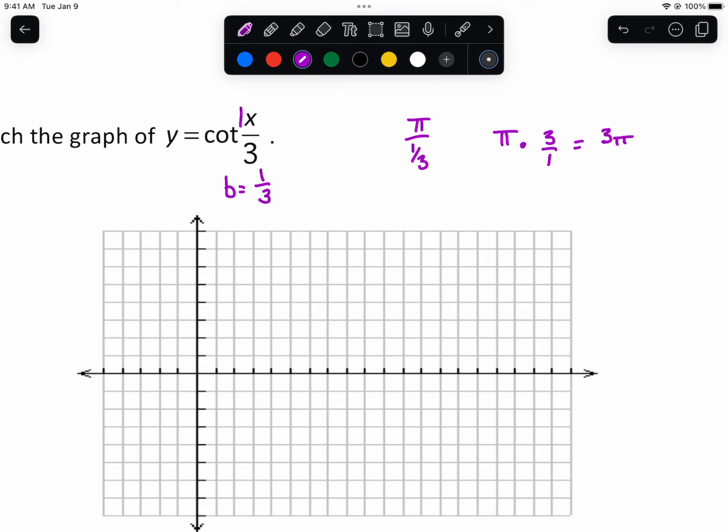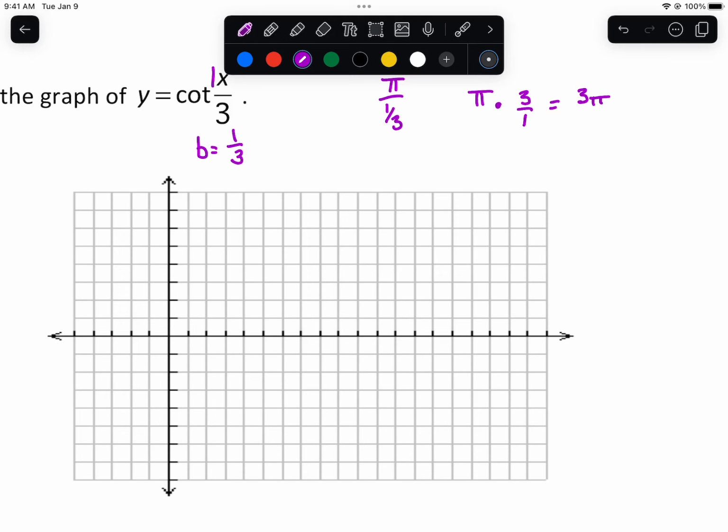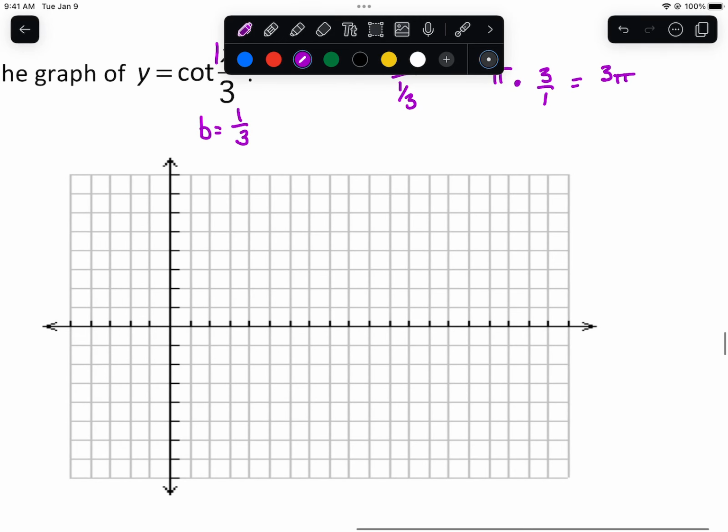Okay, now that's getting pretty wide. If every 12 ticks is 2 pi, that means every 6 ticks is 1 pi, so 18 ticks for 3 pi. That's going to start getting kind of wide, and this is where I would start considering changing the scale a little bit, at least on the x-axis.